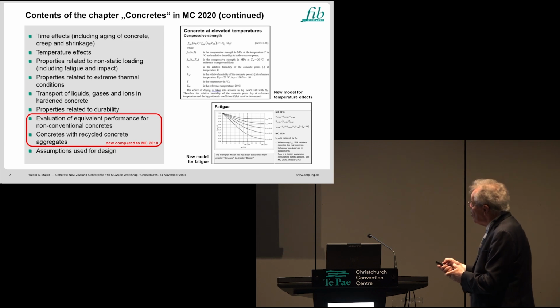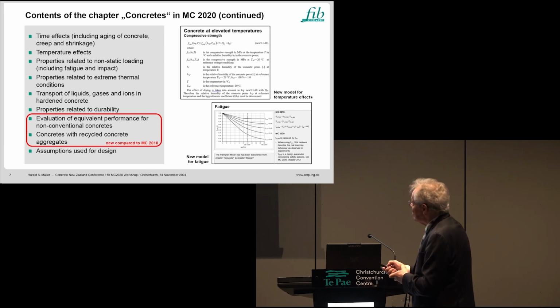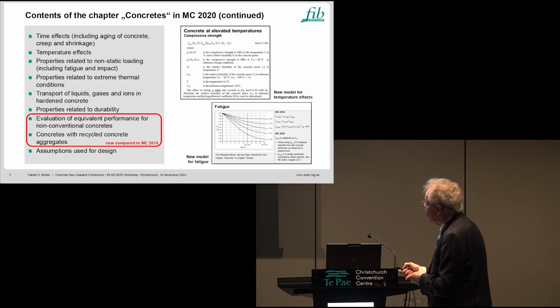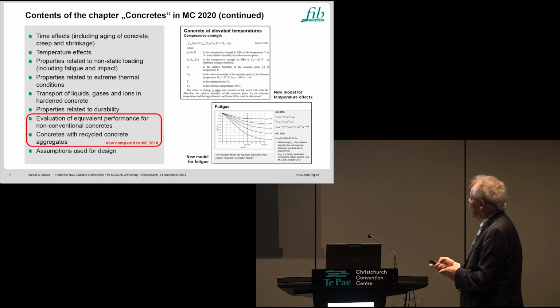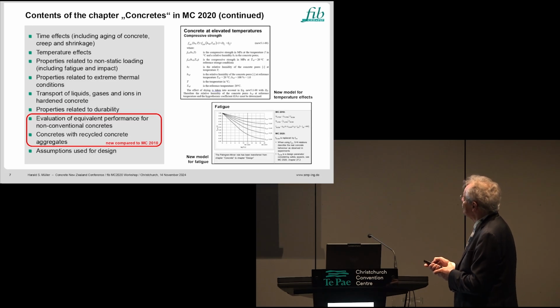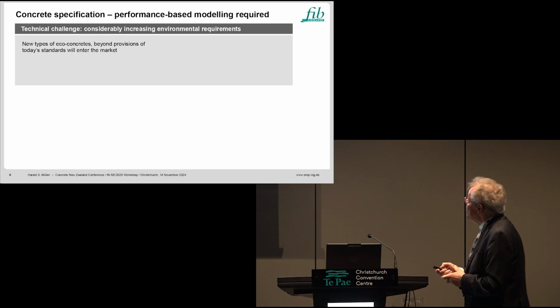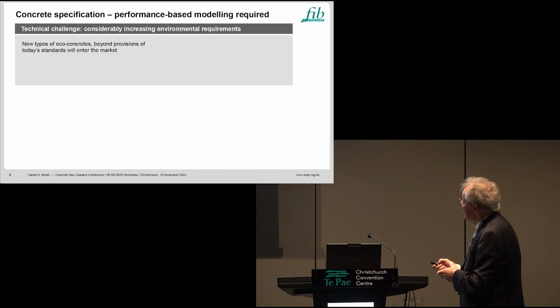What is really new in the model code is the evaluation of equivalent performance for non-conventional concrete and the recycled concrete models. Concrete specification and performance-based modeling, as already mentioned by Agnieszka, are very important.